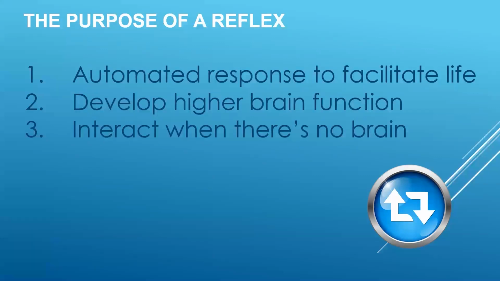But there's an irony that goes along with it: they help to develop higher brain functions, some of them, maybe not all of them, but you don't need the brain in order to actually do it. So it's a way to interact with the environment without needing a brain to interpret or perceive what's going on. Again, you don't necessarily need a brain when you do that.